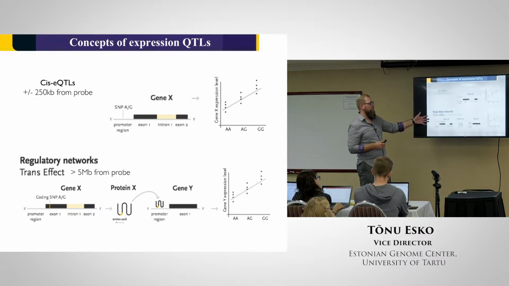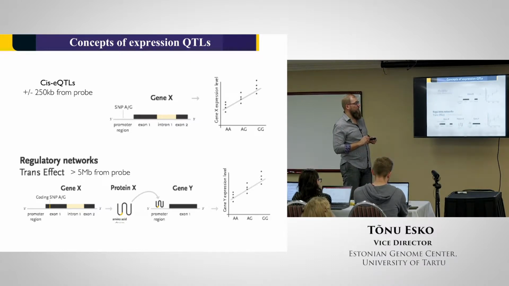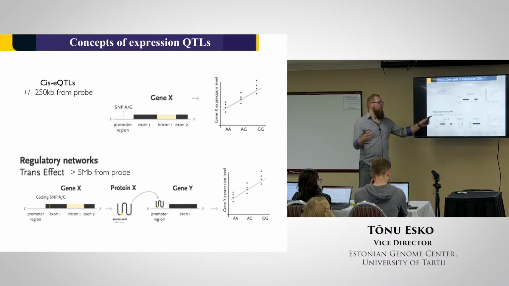But if you're working with blood, which is actually many tens of different cell types, then you need thousands. The study I'm showing here has 5,000 samples, and we are hopefully soon in press in Nature with 35,000 samples. There we find this type of cis regulation for almost all the 20,000 genes, and we demonstrate that there is a lot of trans regulation as well.